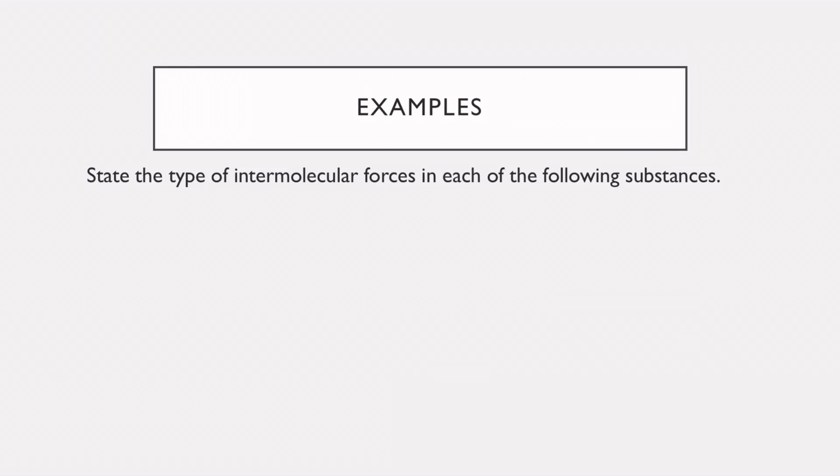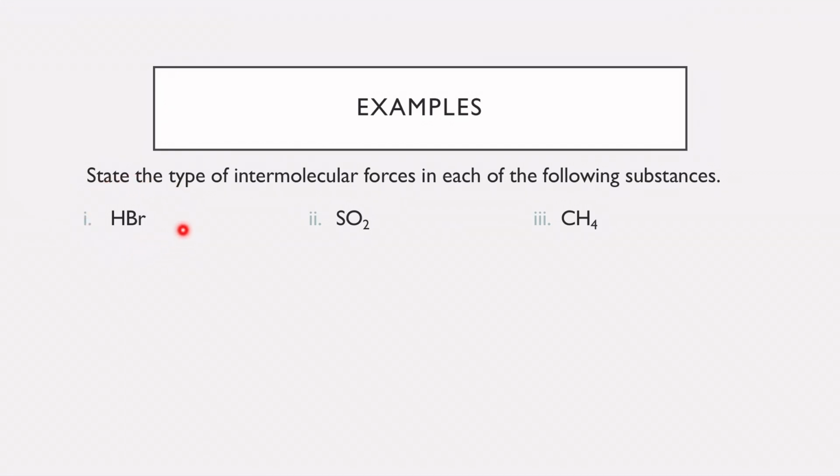So let's see the examples, guys. So here you have HBr, SO2 and CH4 molecules. Okay, so how are we going to find out the type of intermolecular forces between these molecules?